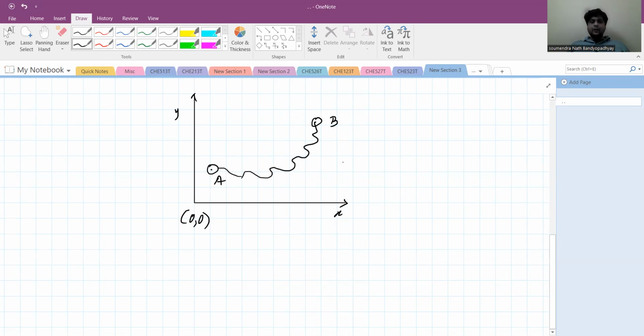He has to travel a longer path, right? So in real life, I can say this is the path where the person will be exhausted. Why? Because he has to travel more path, right? But if he could take the smallest path between point A and B, this would have been the best path.